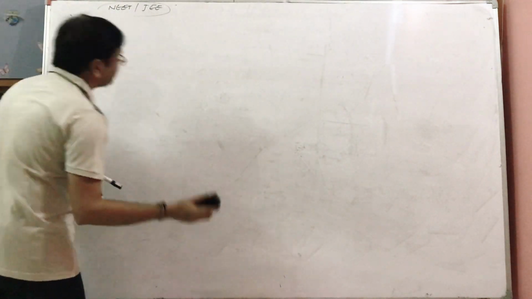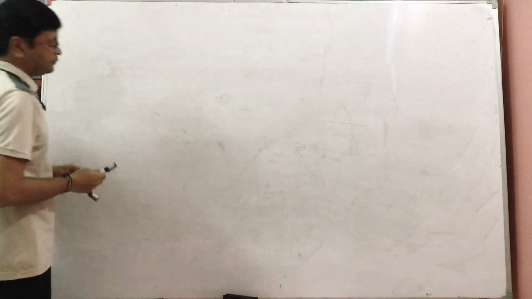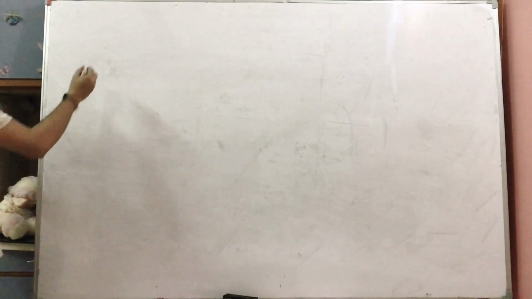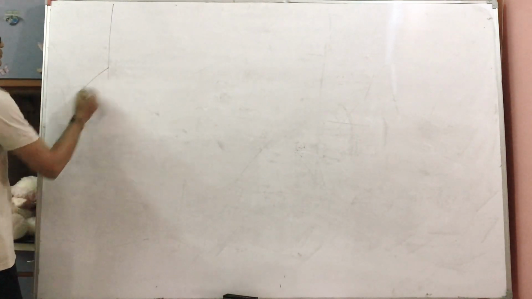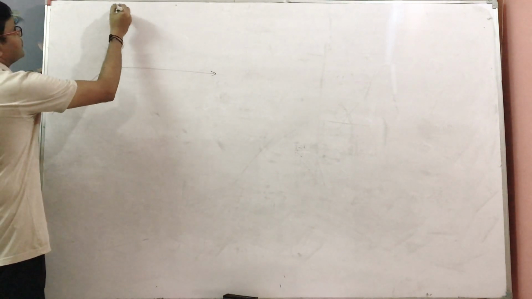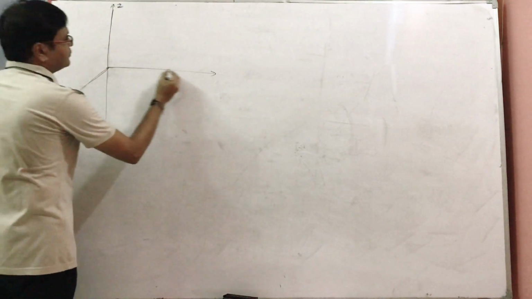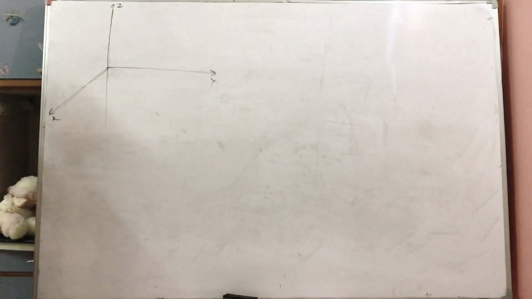So 2.21 is very important. So just concentration required. First of all, a three-dimensional coordinate system is given with Z, X and Y. Ready?